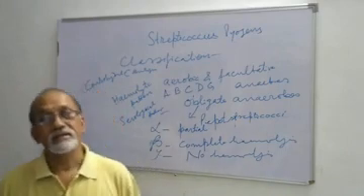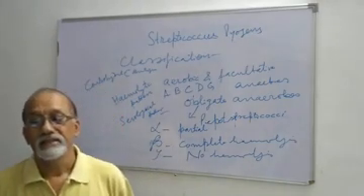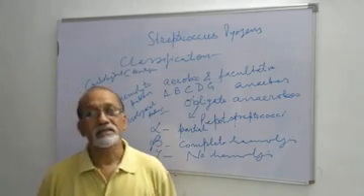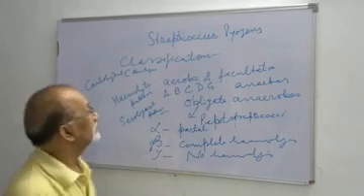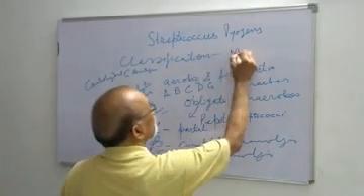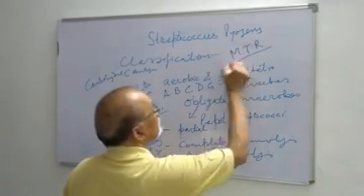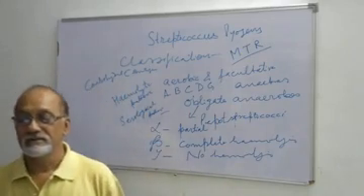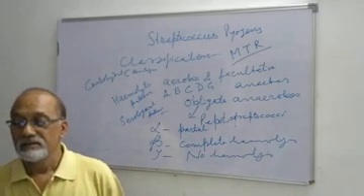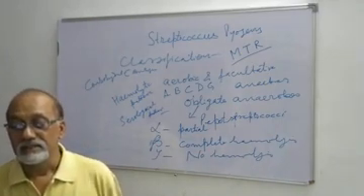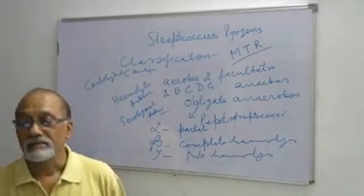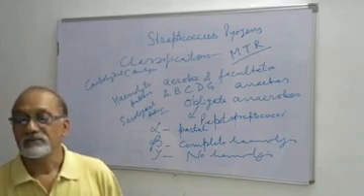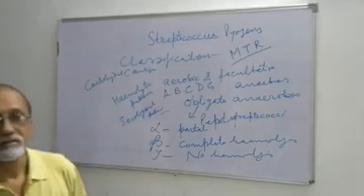These are further subdivided into types based on the protein that is known as M protein, which is found in the Streptococci, and it is known as Griffith typing. Now come to Streptococcus pyogenes.